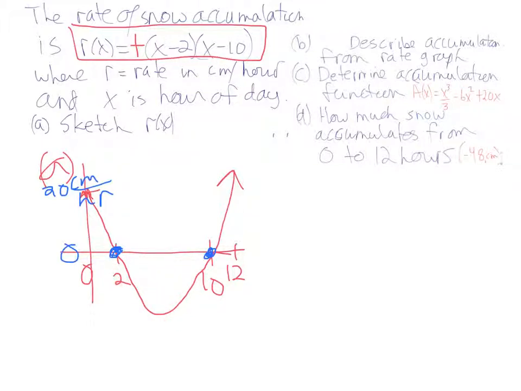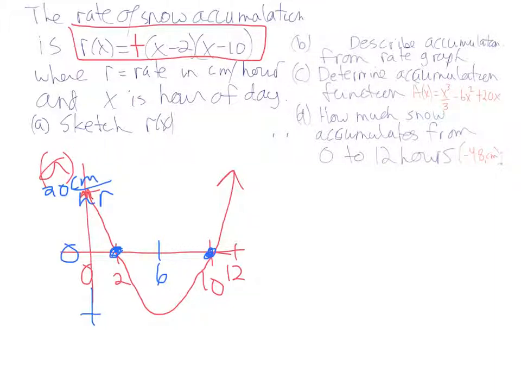And by the way, what is that maximum? Let's see here. And I think you know how to do this. I would figure out that the midpoint of 2 and 10 is 12 divided by 2, so 6 is where the vertex is. So I can substitute 6 into the equation, and I would end up with 6 minus 2, 6 minus 10, which is 4 and negative 4, so negative 16.